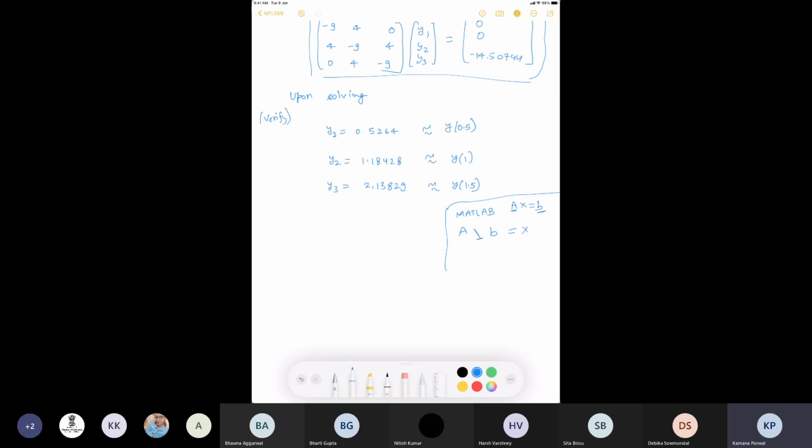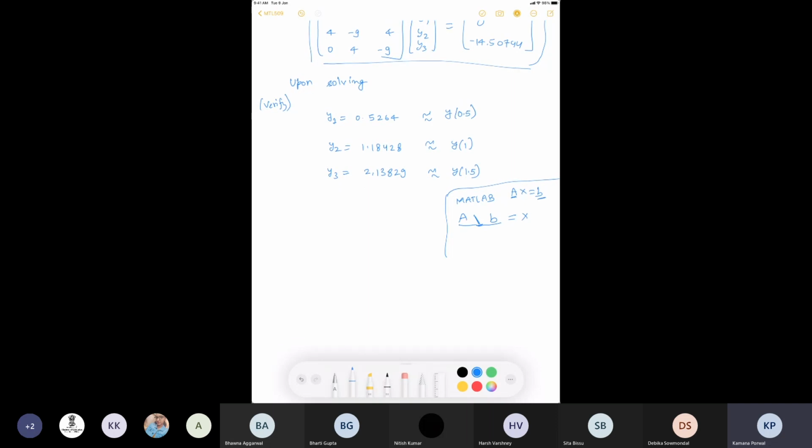The backslash is mainly Gaussian elimination, but it takes care of all the cases you can have for the matrices A and B. So you can simply use this backslash command in MATLAB. Whatever the size of the matrix A and the vector B, you take the backslash and that will give you the solution X. Since it is mostly based on, as I said, Gaussian elimination or other direct methods, the solution does not have any mathematical error. It might have only round off errors.